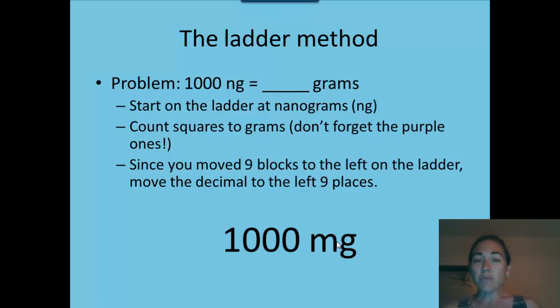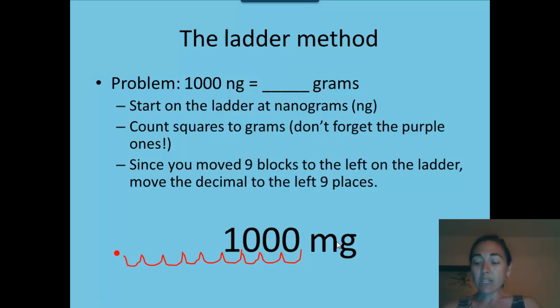Now since you moved 9 blocks to the left on the ladder, you're going to move your decimal 9 places to the left. So there's 3, there's 6, and there's 9. And the decimal ends up there. You would have to fill in all those other places with zeros. So 1,000 nanograms equals 0.000001 gram. That's the ladder method.